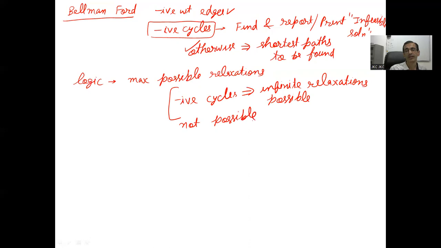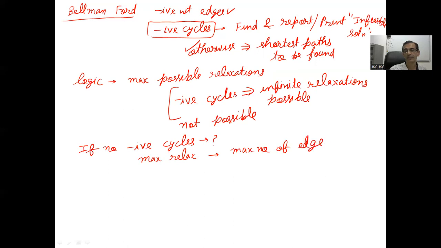Then if no negative cycles, what are the maximum possible relaxations? Let's find out that answer. So I say maximum relaxations will depend on what can be the maximum number of edges in any path.